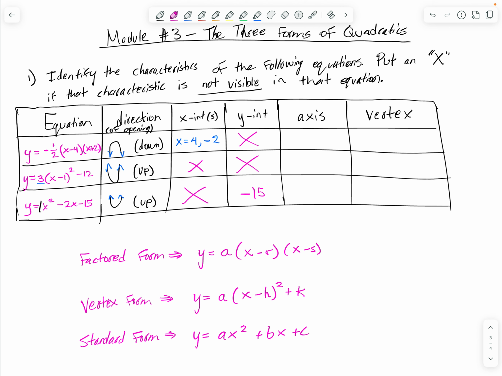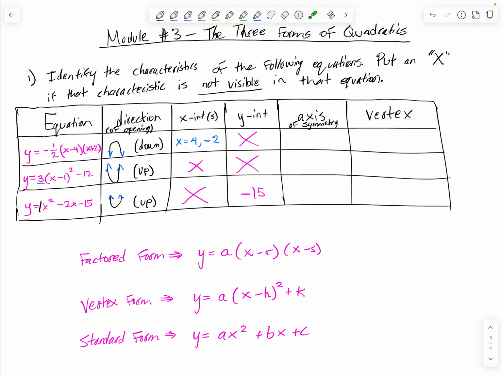For the axis of symmetry, I think that's how we spell symmetry. It's funny, because from the original one right here, just by looking at it, I can't tell what the axis of symmetry is.